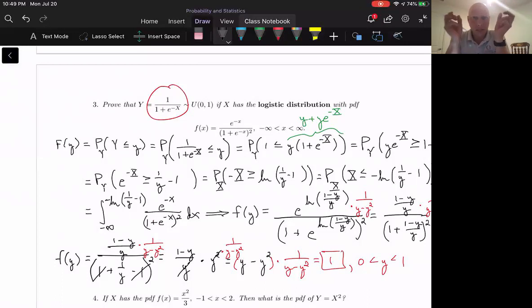Both of those details together prove that this is a uniform distribution from 0 to 1. So that's our proof. We had to get the PDF and we had to confirm the support.